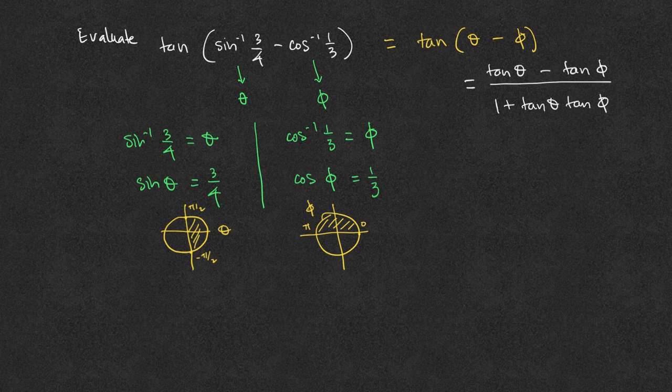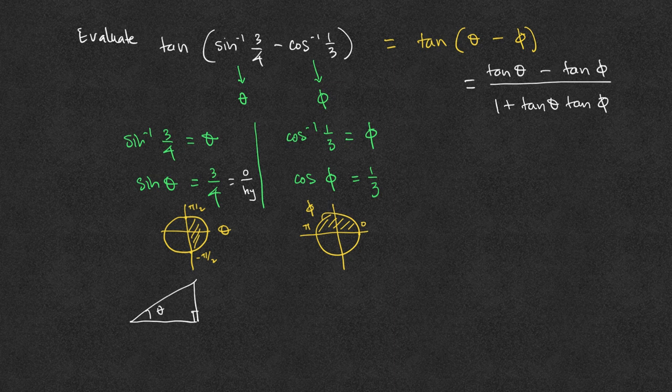We then find tangent of theta and tangent of phi. To find tangent of theta, we go back to sine of theta equals 3 over 4 and draw a generic right triangle. Sine is the opposite over the hypotenuse, so we label one of the acute angles theta.